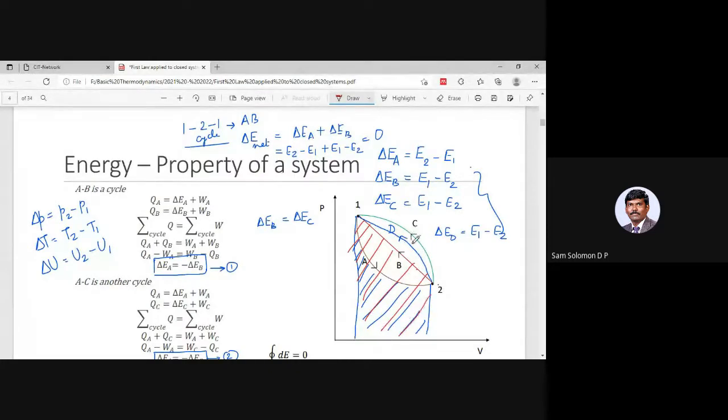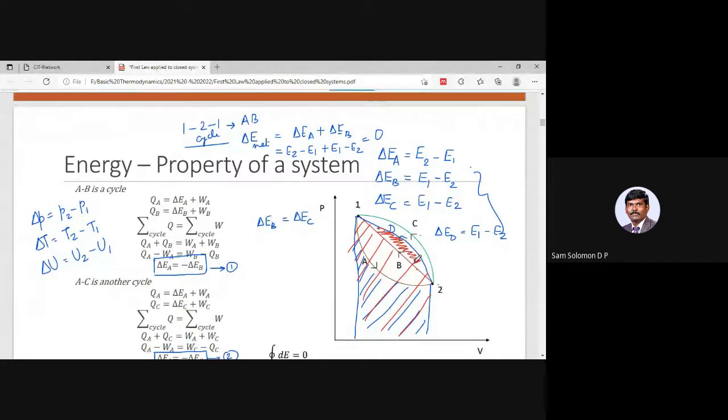If you take path D, then this region also comes into the picture. So when you take different paths, the value of work transfer is different. But if you take different paths to move from 2 to 1, you still get the same value for the change in internal energy. That is why we say the change in energy is independent of the path you take.